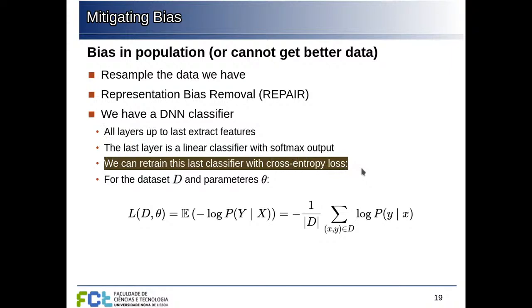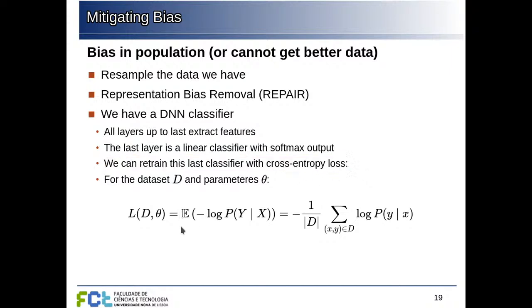So the idea of REPAIR is to take these representations created by all the previous layers and retrain a linear classifier at the end with this cross entropy loss, so that we try to minimize the expected minus logarithm of the probability of getting the class right given the features, where the features must first pass through all the layers of the network.